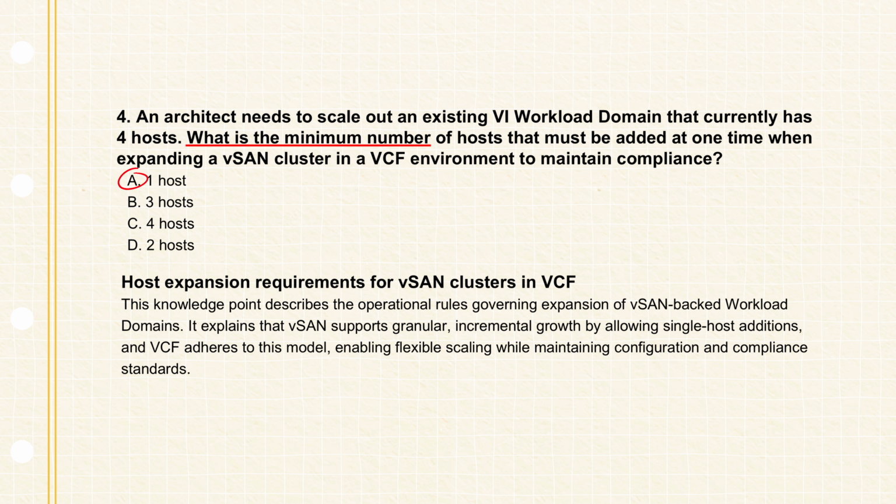Just one host. Eureka. VCF enforces the configuration, of course, making sure that single host meets the standard baseline image and profile. But since vSAN inherently supports incremental single-node capacity expansion, VCF respects that. And that is a massive win for administrators who need to expand capacity bit by bit without wasting capital on unnecessary hosts. So it's standardization working for you for operational efficiency.